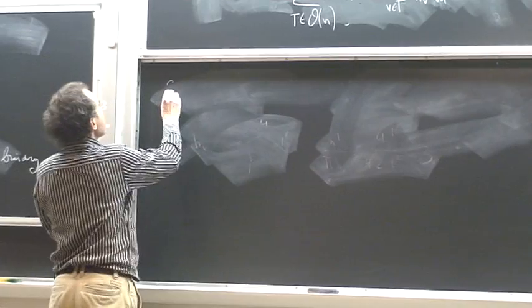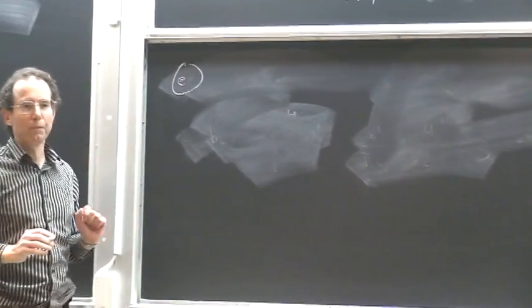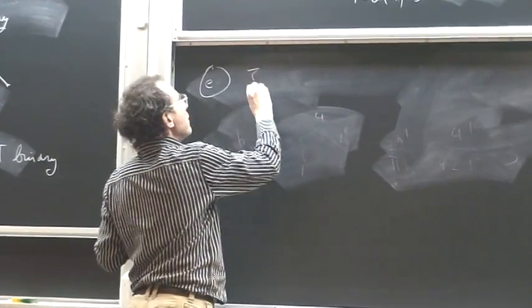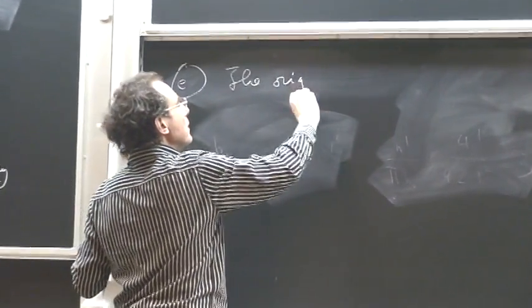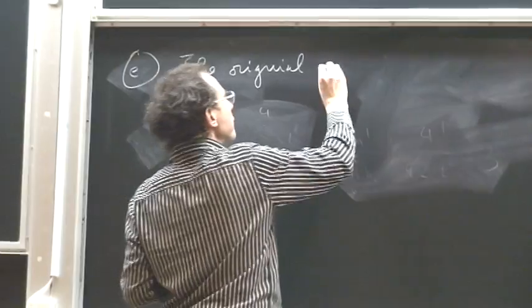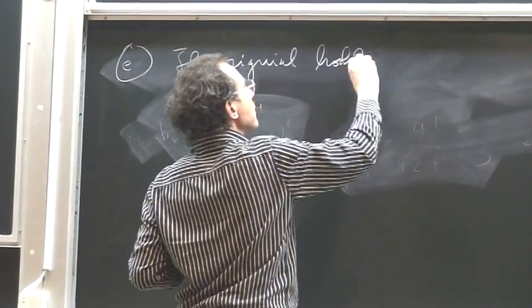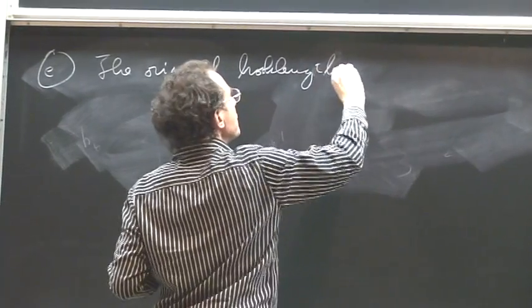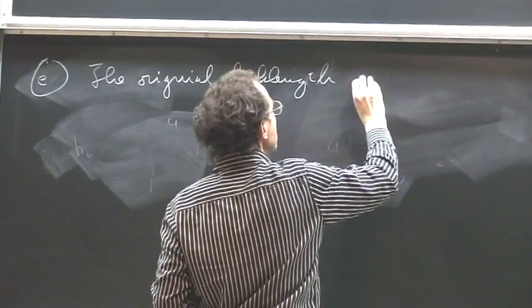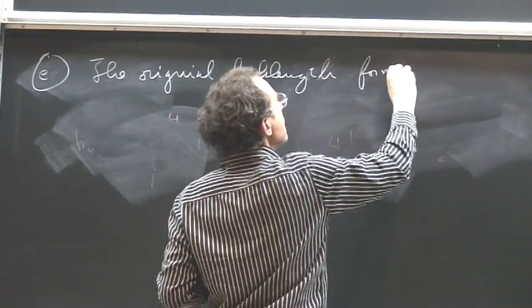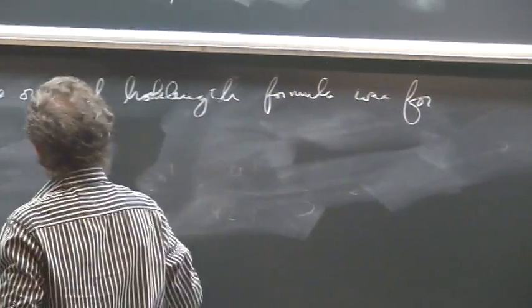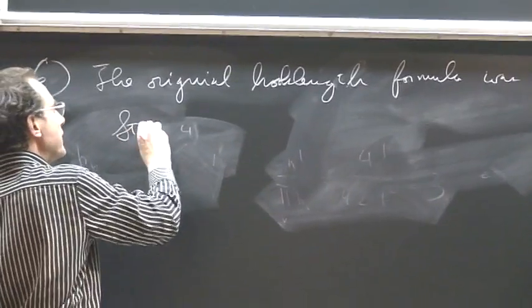So the original hook length formula wasn't for trees, or that wasn't what it was called when it was used for trees. So the original hook length formula was for things called standard Young tableaux.